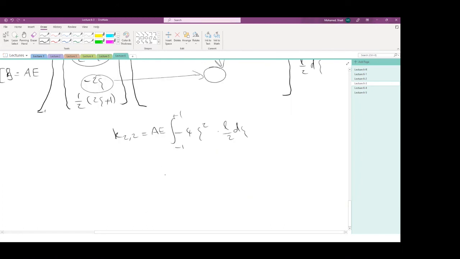So this is going to be then A E, and the integral of minus 4 psi squared is going to be minus 4 psi to the power 3 divided by 3. And obviously you have L over 2. I'm going to take all the constants to the outside and simplify them slightly. So the minus 4 doesn't have to be in the integral, and the L over 2 doesn't have to be in the integral.